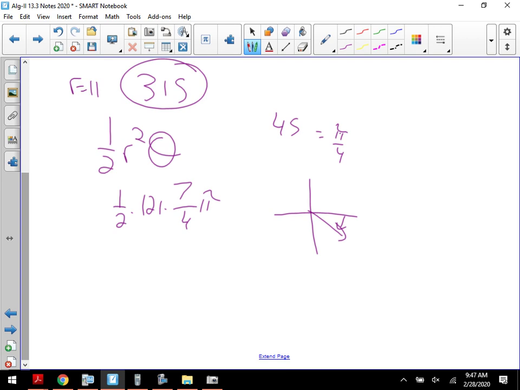Is it just 315 over 180 times pi? Think of it in terms of 315 is 45 degrees from 360. 45 degrees is pi over 4. 360 is 8 pi over 4. 1/4 less is 7/4. Make math work easier for you.